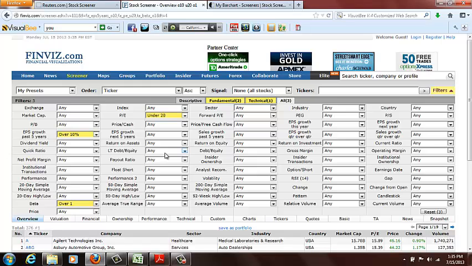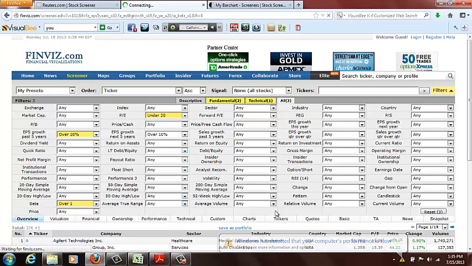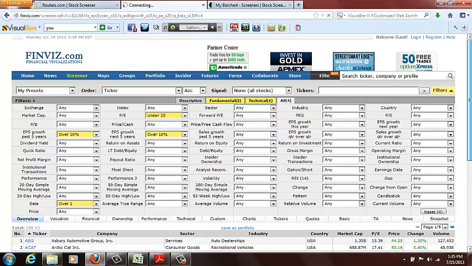Okay, another one that we're trying to find, in the same category, is earnings per share for the next 5 years. We're looking for companies that tend to be positive based on forecasting. In this case we're looking for the same criteria, over 10%. We're saying we need companies that are doing well or going to do well in the next 5 years.